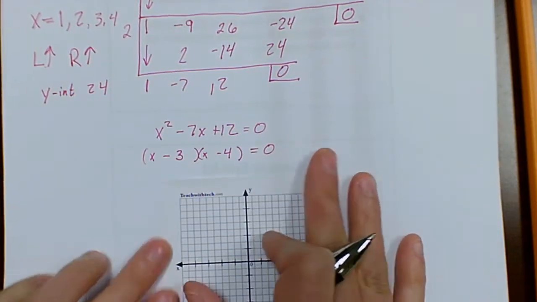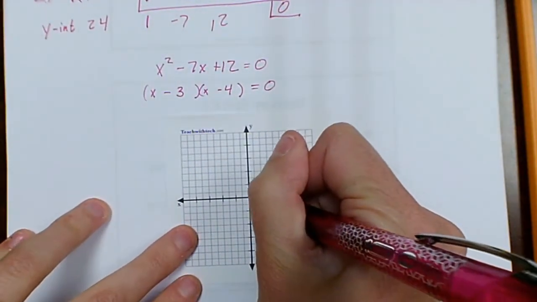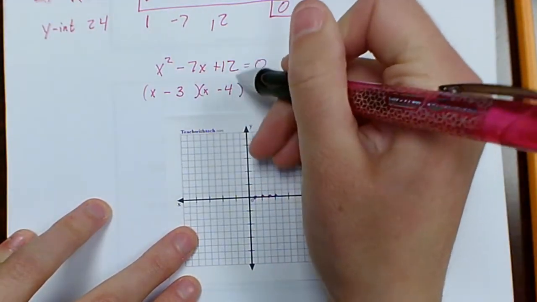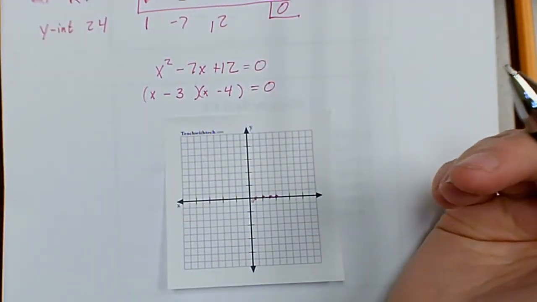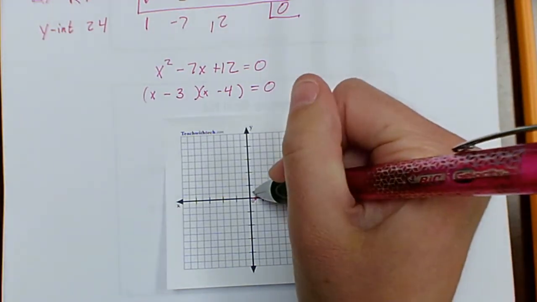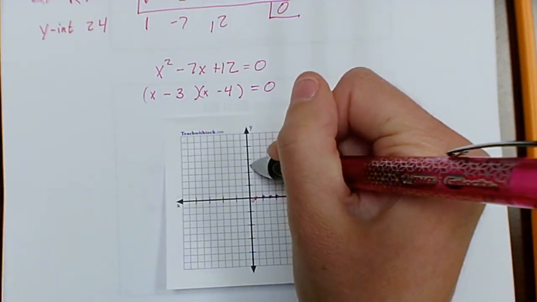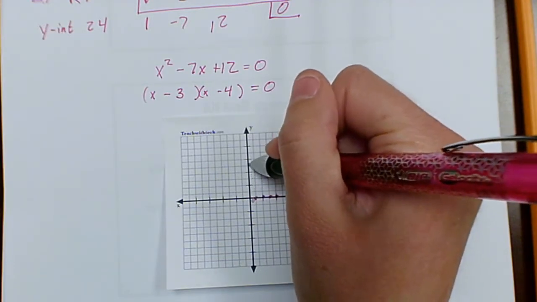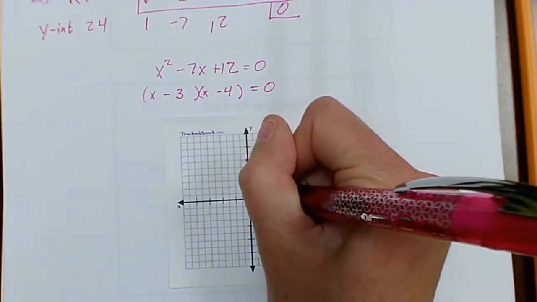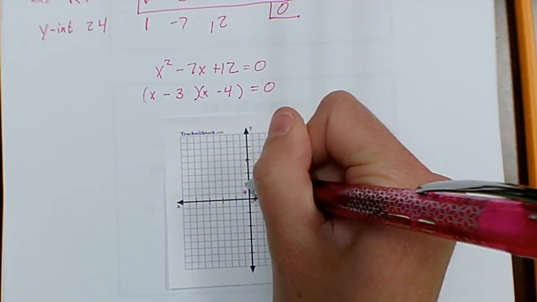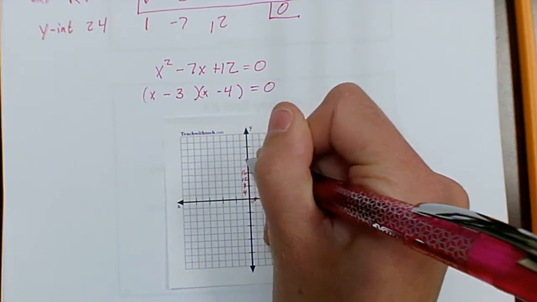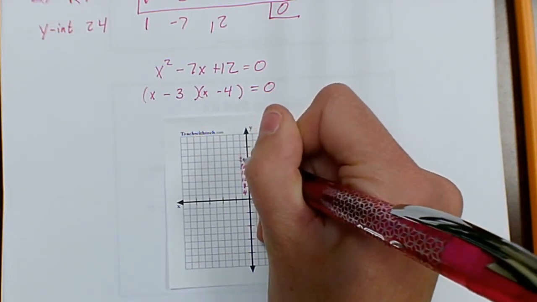So put my graph here. We have 1, 2, 3, 4, and we have 24 way up here. I could go to 4, 6, 8, 10, 12, 14, 16, 18. No, I'd have to go 4, 8, 12, 16, 20, 24. There. We'll scale this 4, 8, 12, 16, 20, 24, 28.